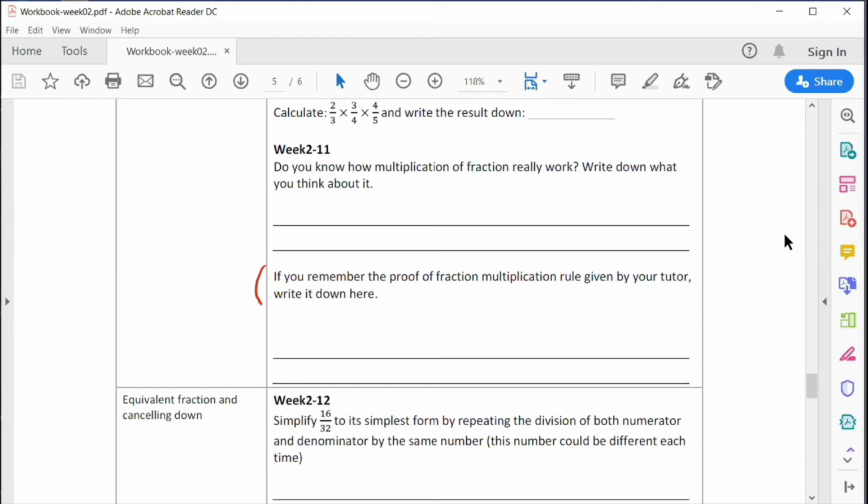Here you have A over B, and you times with any other fraction, C over D. Now what you can do, if you use the rule of times the top to get started, you have A times C over D. So you times the top and the bottom stays the same.